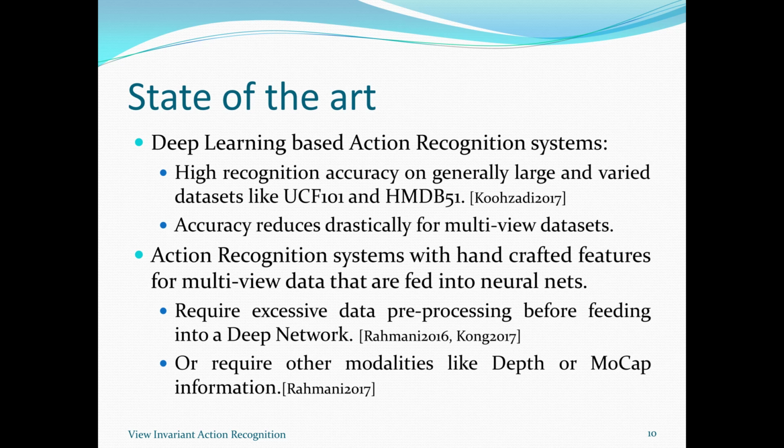While their accuracy on such data sets was very high, they required an excessive amount of pre-processing before being fed into the deep network, or they required other modalities, depth, mocap information, which we didn't want to use. So there weren't systems that were learning view invariant information in the general literature.